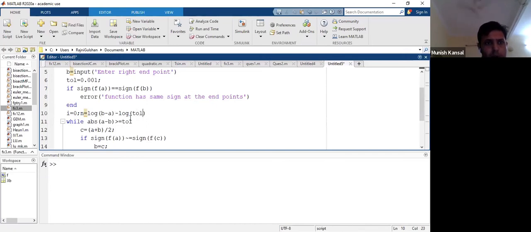Let me call this TOL because above we gave it TOL. So this is my numerator, divided by log of 2. So I will call this n: log of b minus a minus log of tolerance divided by log 2. This is just a check of how many iterations we are getting computationally and theoretically.